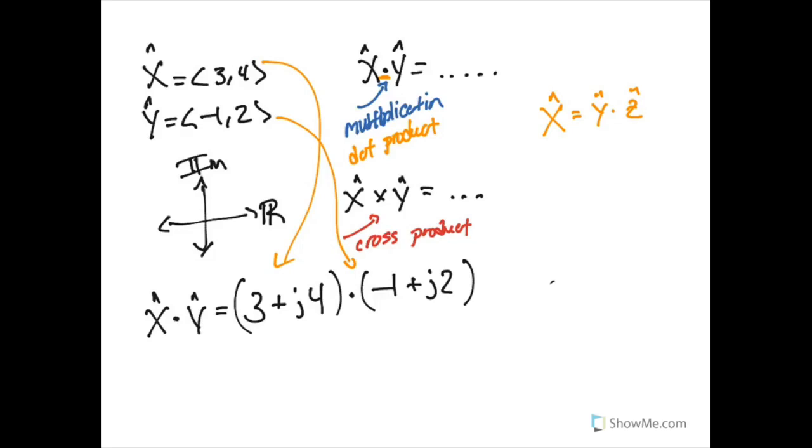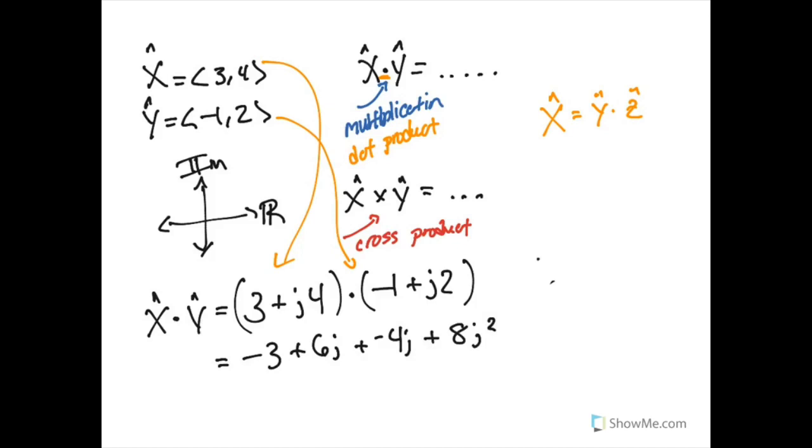Now we can use our algebra properties as we've done before, and we will just distribute all of these terms and get -3 plus 6j plus negative 4j plus 8j squared.